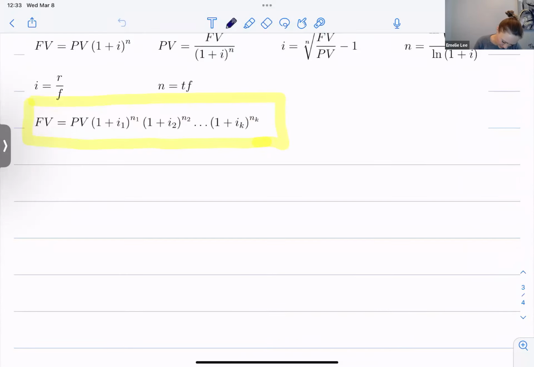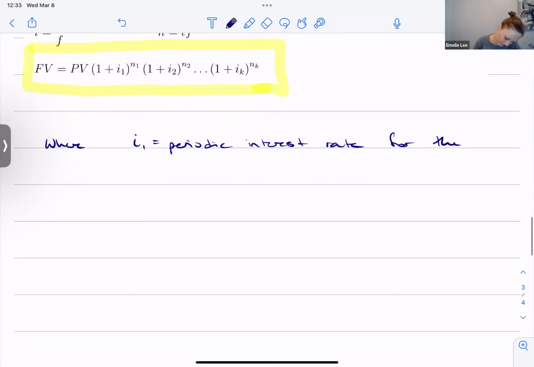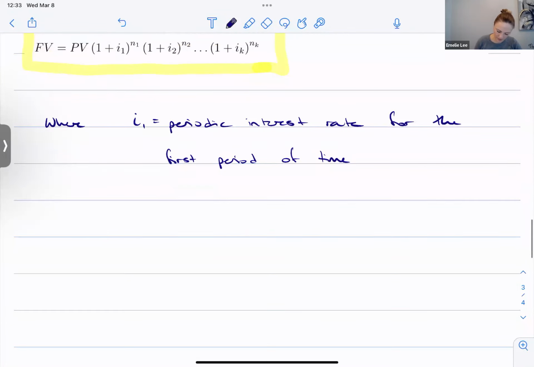But let's just clarify that I1 is the periodic interest rate for the first period of time. And N1, and maybe I should make it more generic.